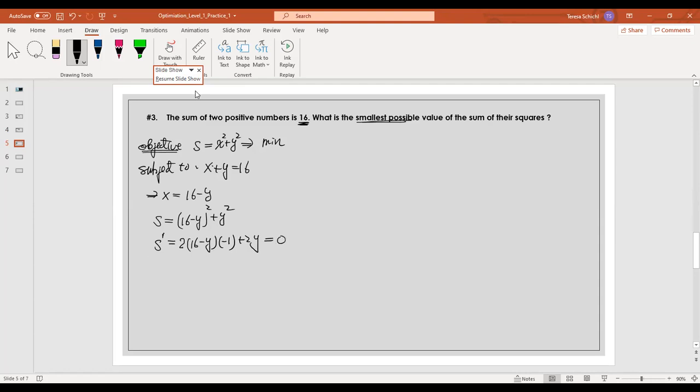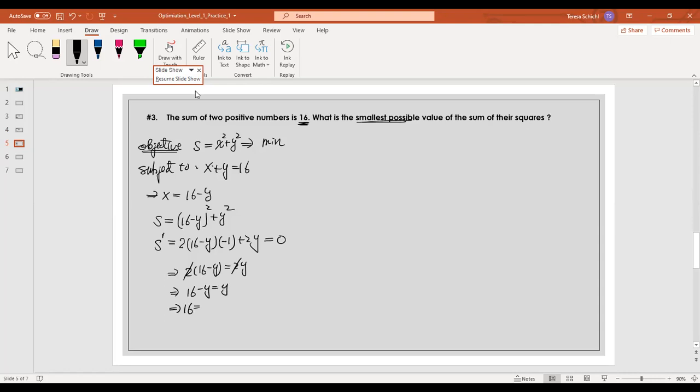Then you set this equal to 0, and then you say 2 times 16 minus y is equal to 2y. So you can cancel the 2's here, right? After you cancel the 2, you will get 16 minus y equal to y.